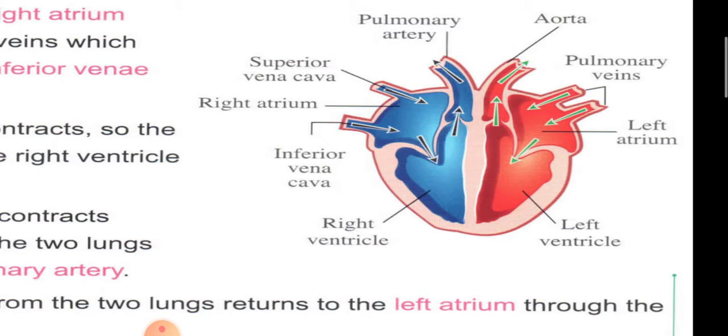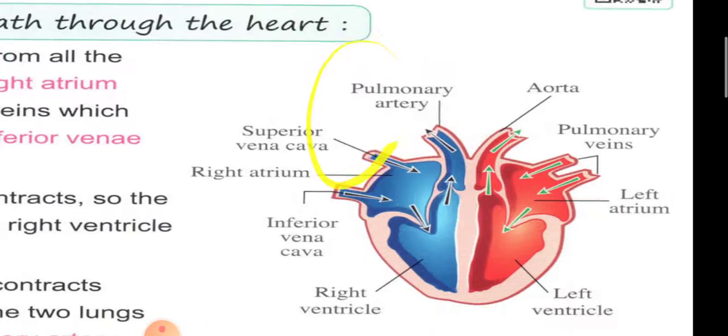It will come from all our body parts carrying what? Carrying deoxygenated blood. So the blood will carry all the carbon dioxide, which is a waste, from all my body cells, and then it will enter my heart through the superior and inferior vena cava.